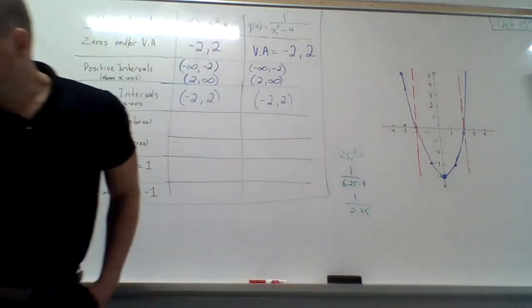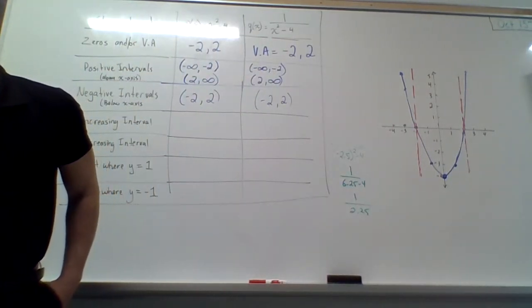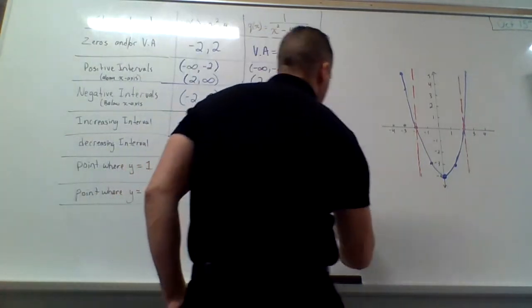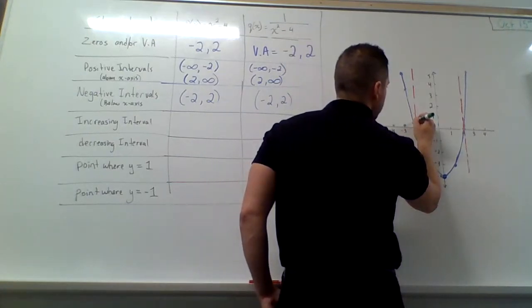And 1 divided by 2.25 is 0.4. Okay, so it starts to get a little bit closer, a little bit higher.